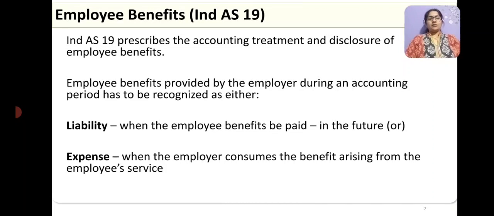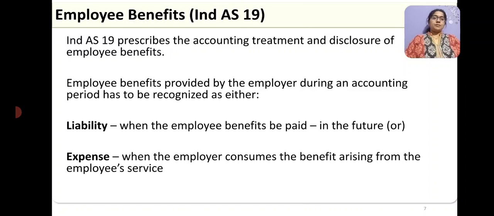In this session, we will discuss measurement and recognition of employee benefits in the books of accounts as per Ind AS 19. So first and foremost, what are employee benefits?